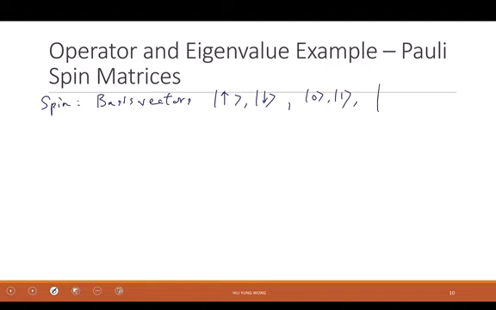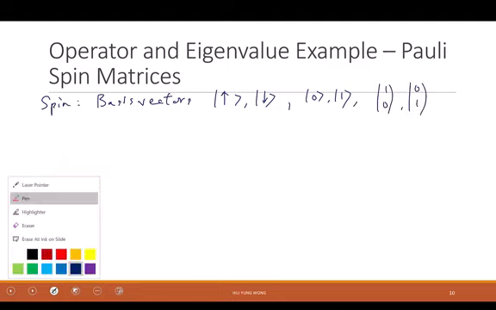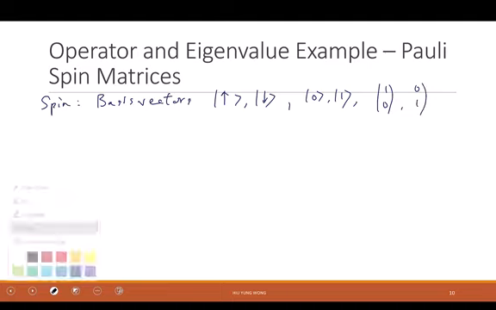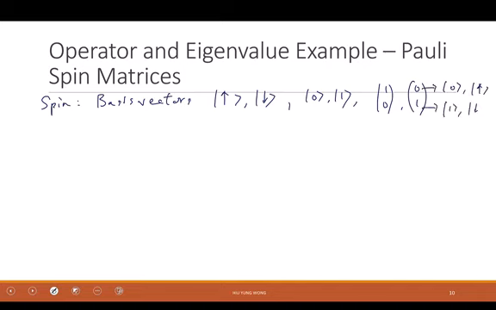I can also then say that these are the two bases in the column form. Is that okay? For the second one, you basically say I have 0 component of 0 or spin up, and I have 1 component of 1 or spin down.